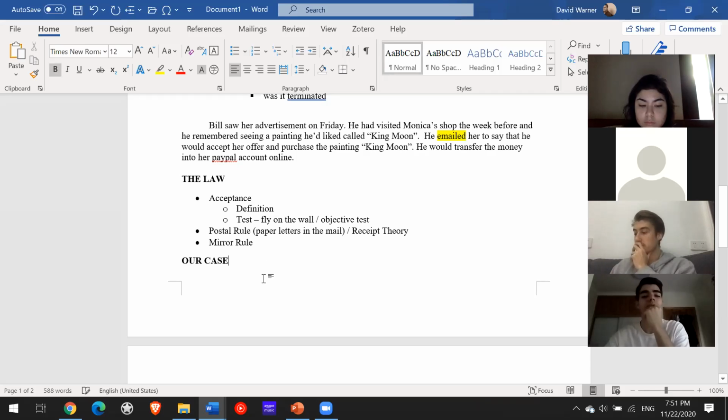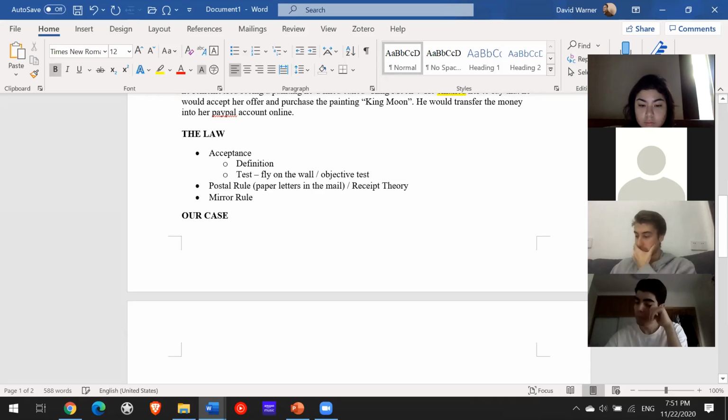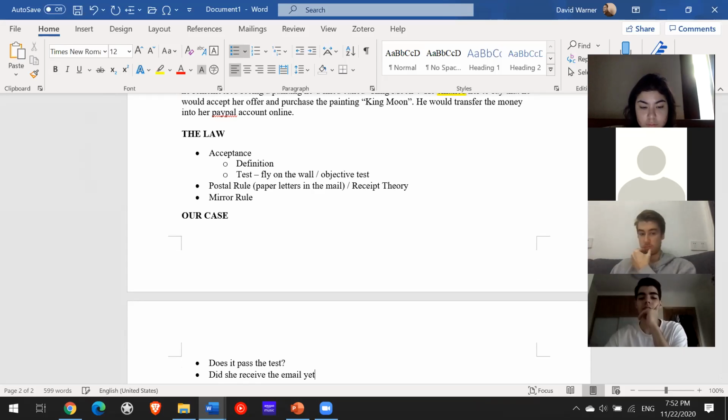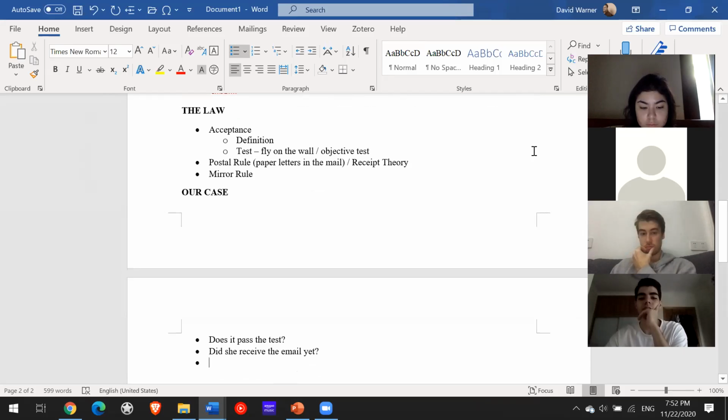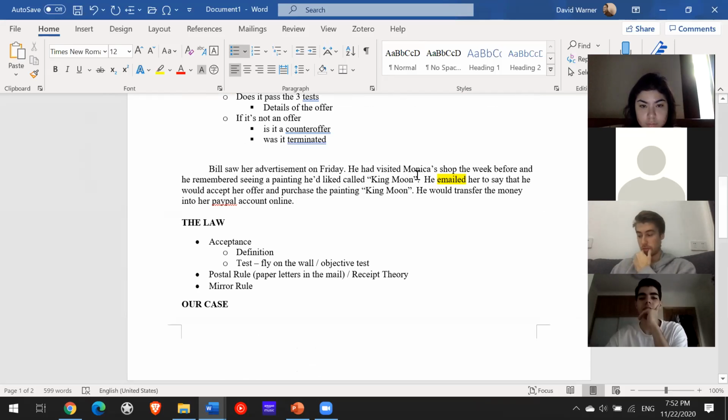So that's going to be important in our case. We want to know, let's see, does it pass the test? Did she receive the email yet? What about the mirror rule? Aruni, does this break the mirror rule?